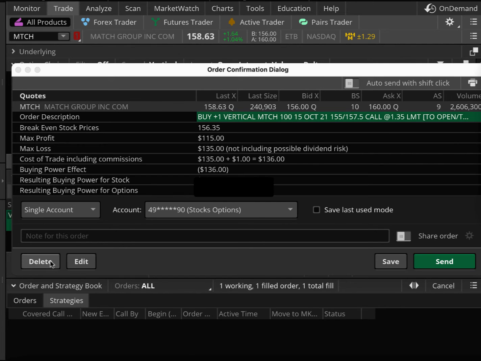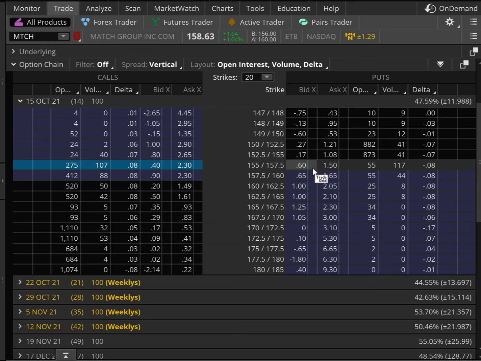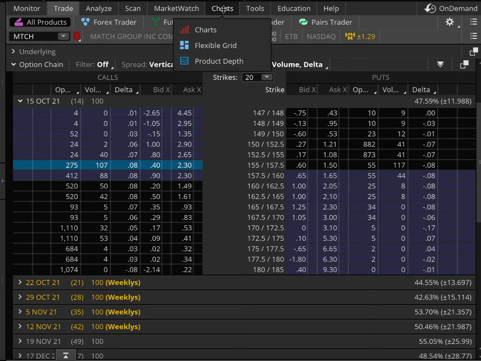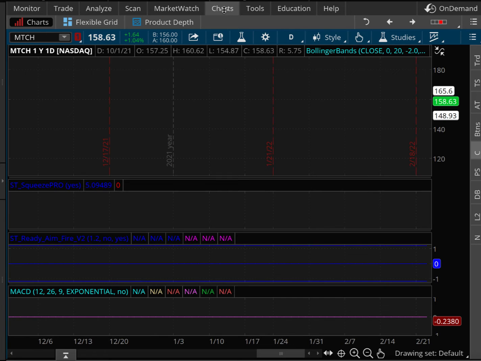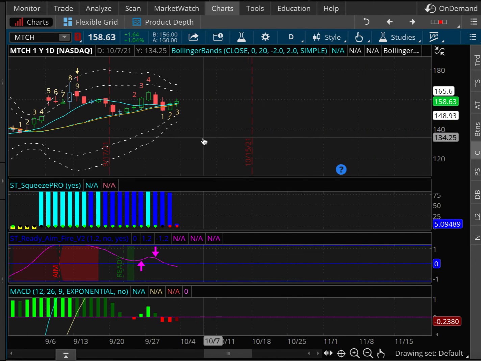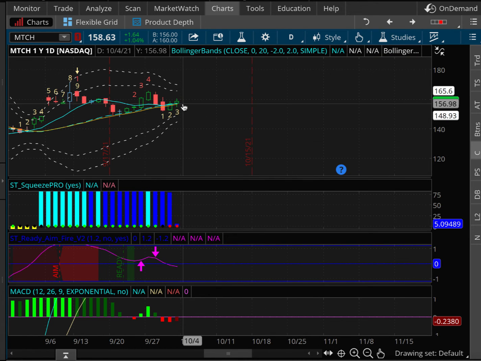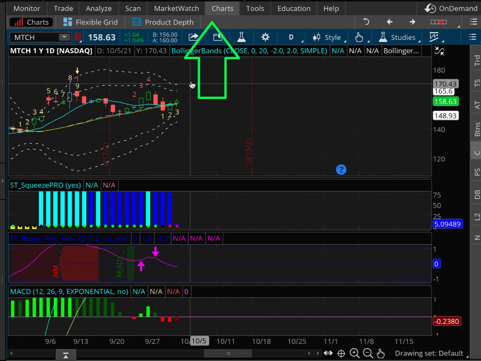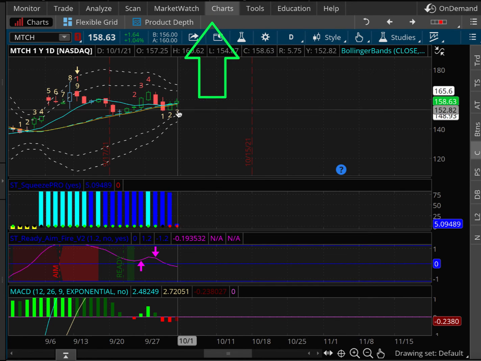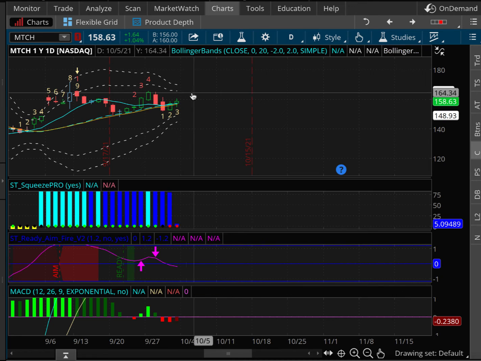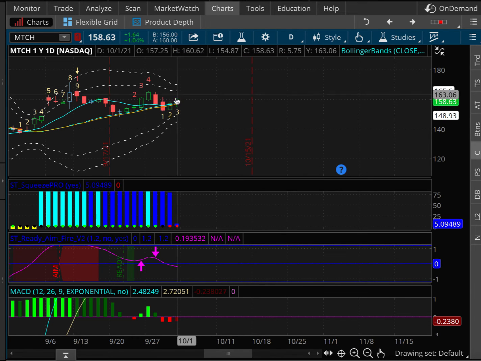Now another way you could do it is you could sell a put credit spread. Let's look at the chart so that we understand the difference between a debit spread and a credit spread. With a debit spread, you're buying a call with the expectation that it's going to increase in price. With a debit spread, you buy the call, but you're capping your profit based on where the short strike is.